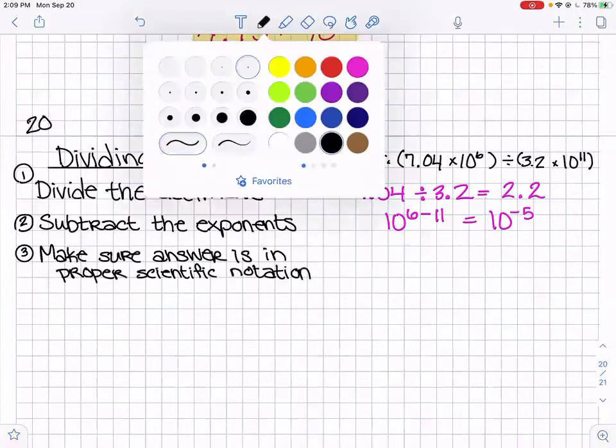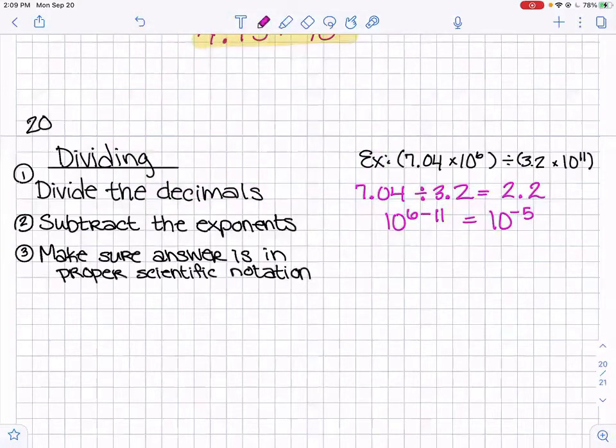Okay, so our answer for this one would be 2.2 times 10 to the -5. Is that proper scientific notation? Yes, it is. It's between 1 and 10, right? 2.2 falls between 1 and 10. So we're good.